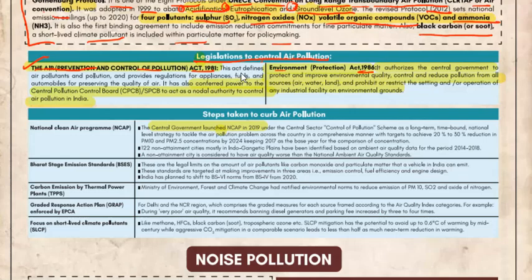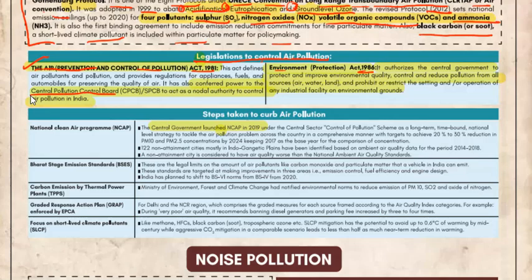The act defines air pollutants and pollution, and provides regulations for fuel and automobiles for preserving the quality of air. It also confers power to the Central Pollution Control Board.